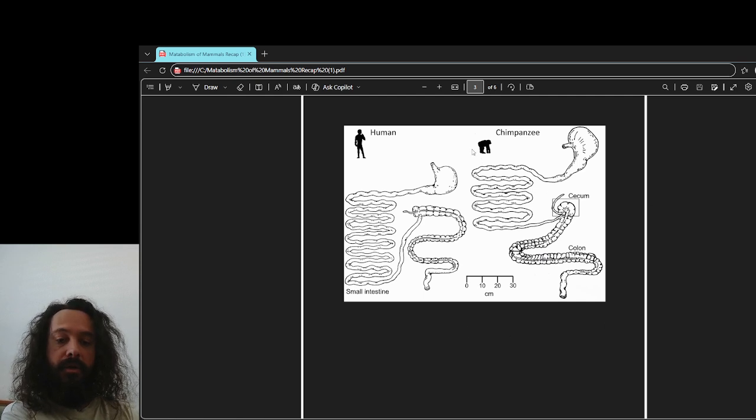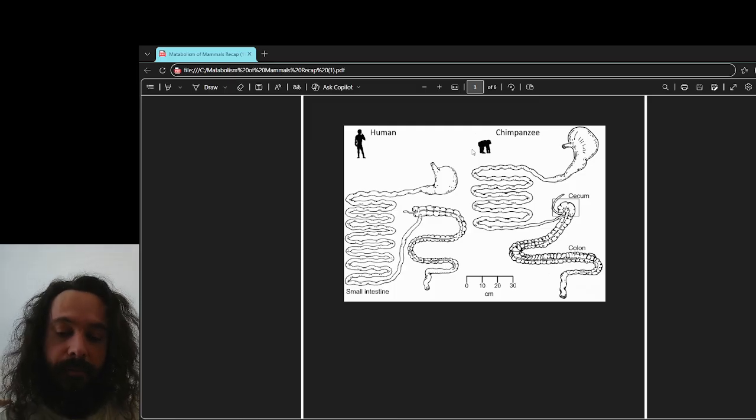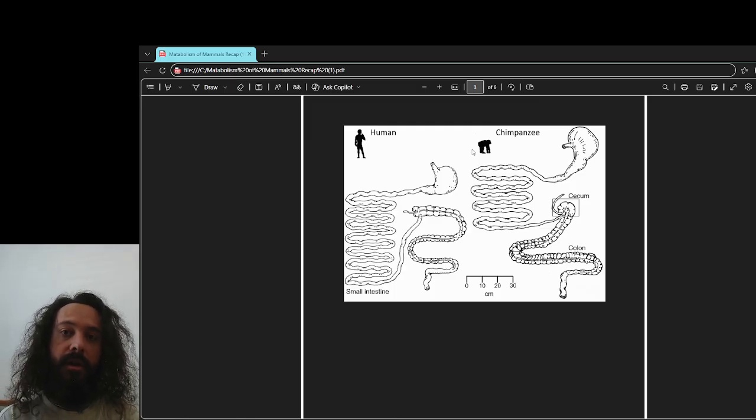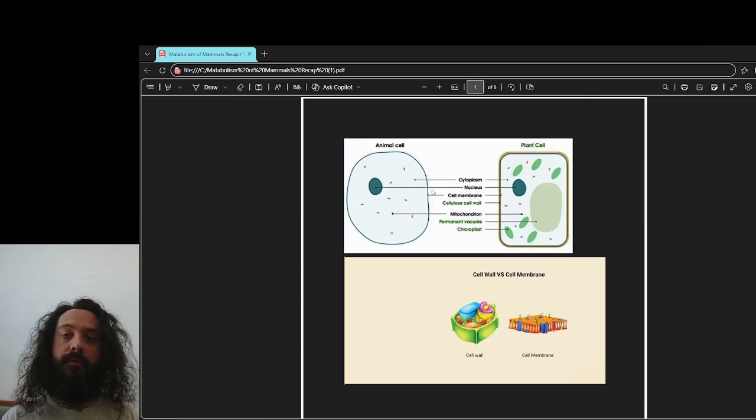When mammals are referred to as vegetarian or vegan, like cows or horses, they actually have to chew the grass or plant matter twice because of the very tough cell wall.